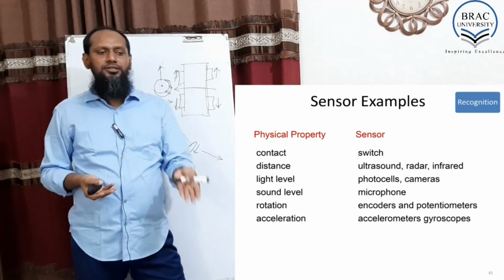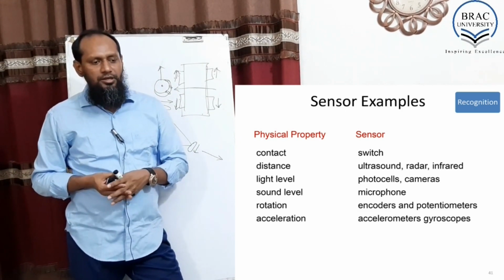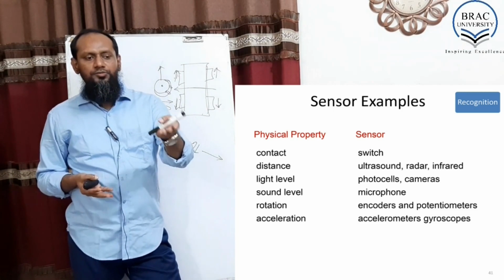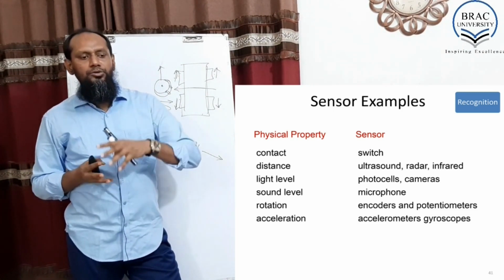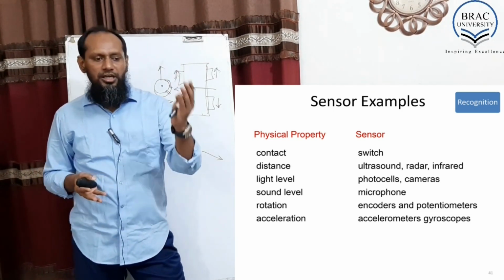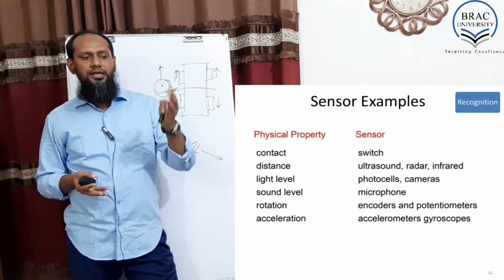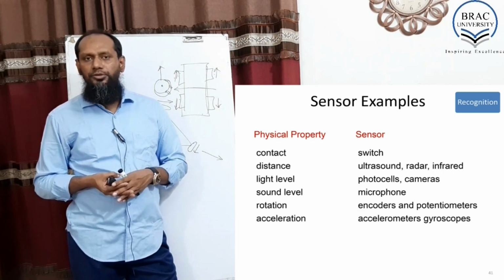To measure the distance, we can use ultrasonic, radar, infrared. For measuring the light level, we can use a photocell or camera. To measure the sound level, we can use a microphone. To measure the rotation, an encoder and potentiometer can be used. To measure the acceleration, an accelerometer or gyroscope can be used.